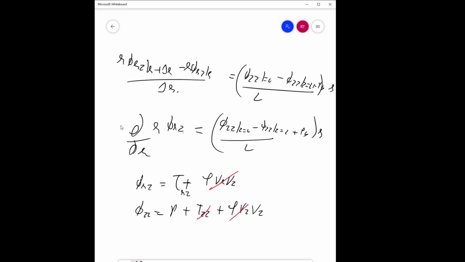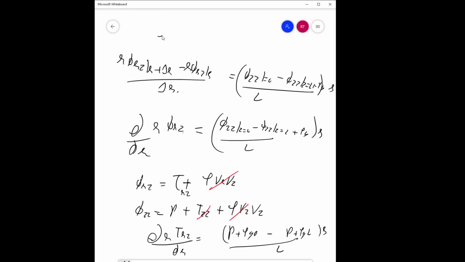So this is just tau. On rewriting this equation, it will be d(r tau_rz)/dr is equal to (P plus rho g z0 minus P plus rho g zL) all divided by L. You still have your r outside.